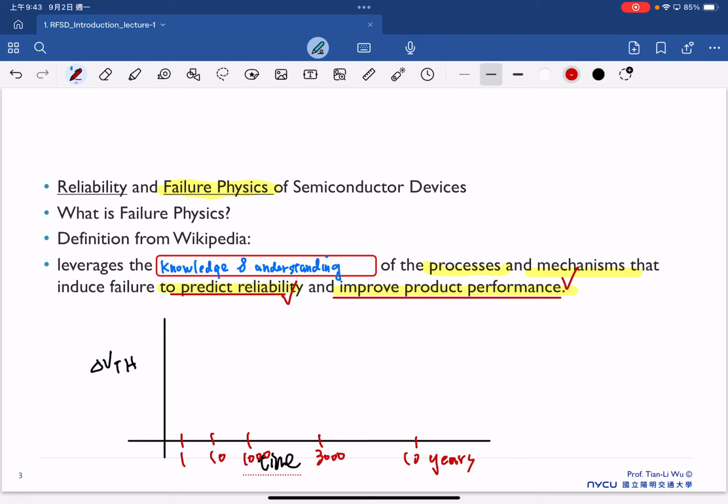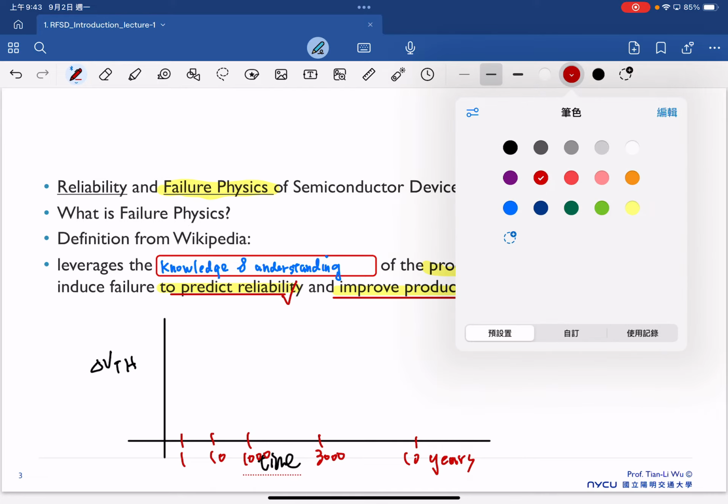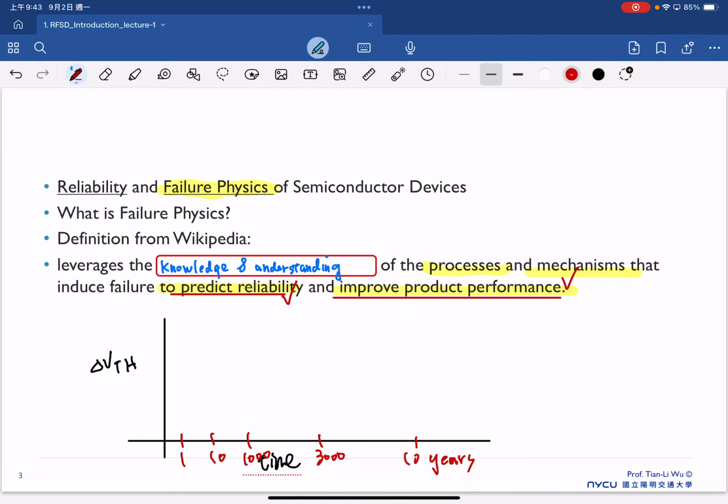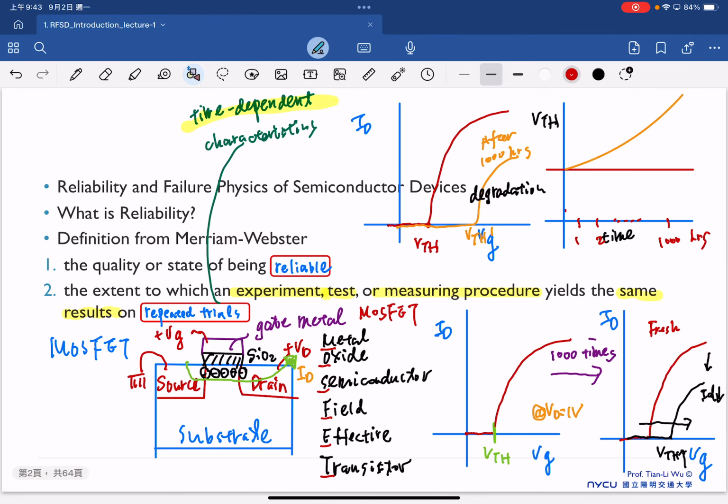As I said, previously we already showed the threshold voltage can be increased. The threshold voltage gradually shifts to the right. That means our delta VTH is increased. But the problem is, if you look at the previous slide, if we can test for 1,000 hours, that's already a very long duration.